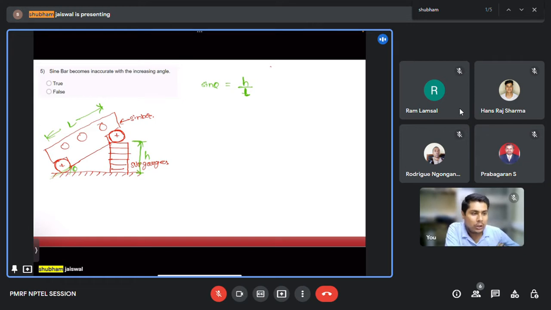If I want to check the variation in theta with respect to H, I will differentiate. So this comes out to be cos theta d theta is equal to 1 by L dH. So if I want to calculate d theta, the variation in the angle, it comes out to be dH upon L times 1 upon cos theta.